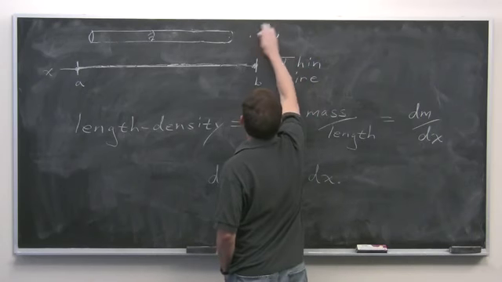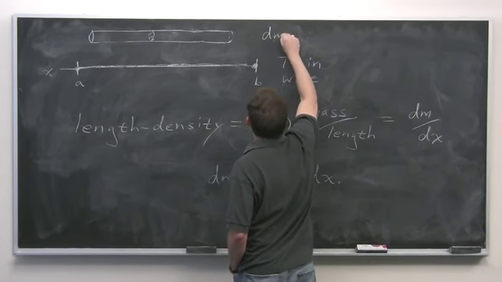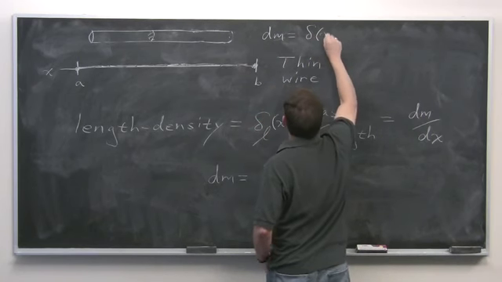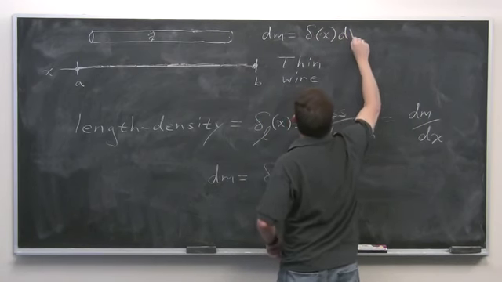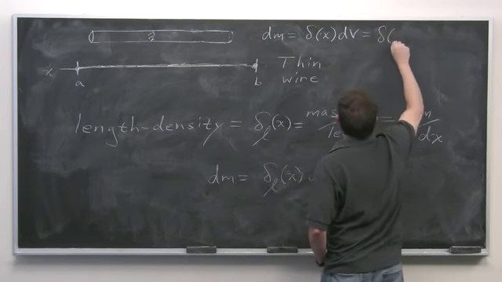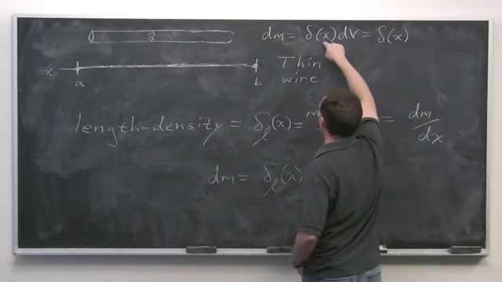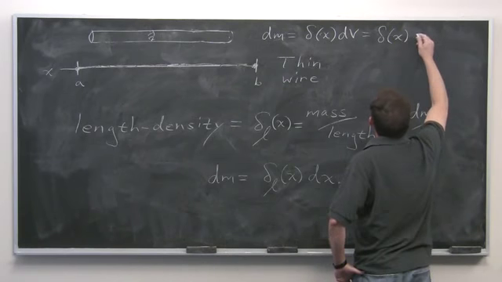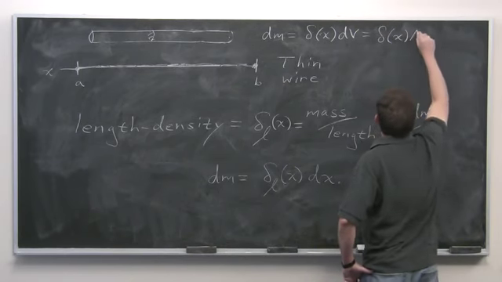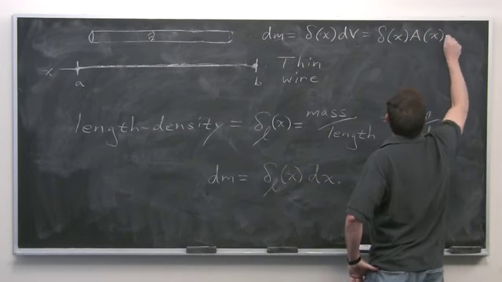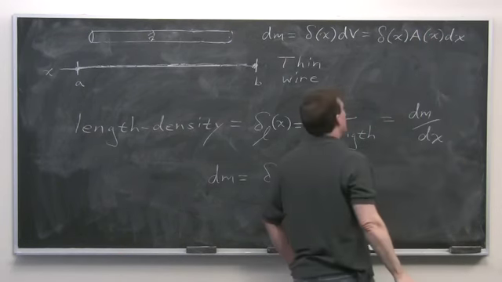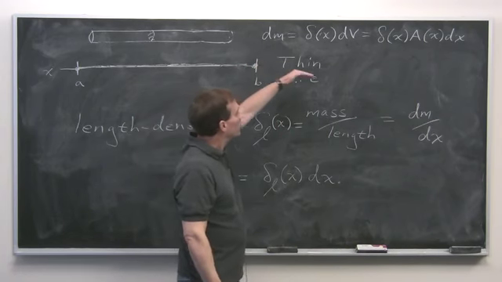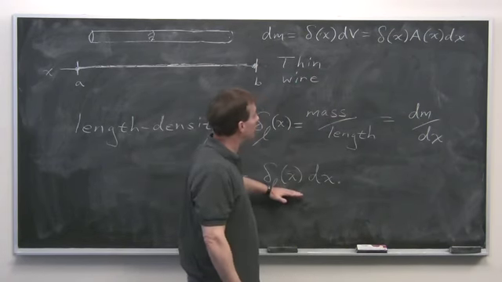Then dm would be delta of x times a little chunk of volume, so this is the normal three-dimensional density, mass per volume. And then you'd write that dV is A(x) dx.